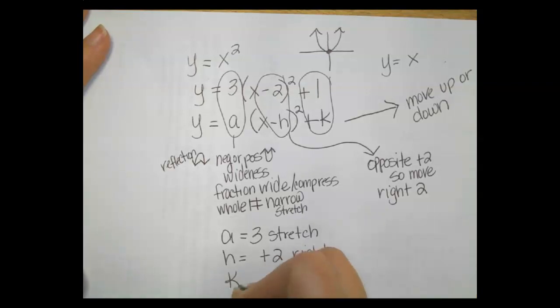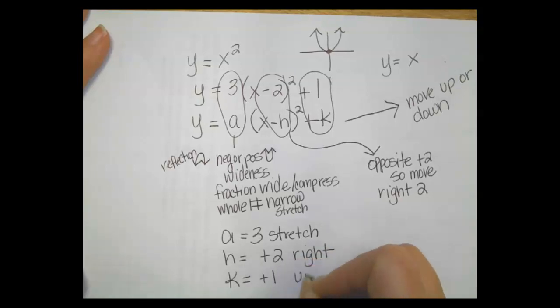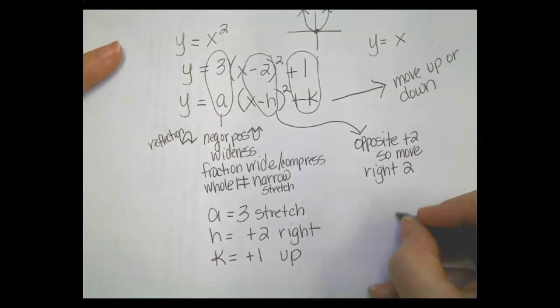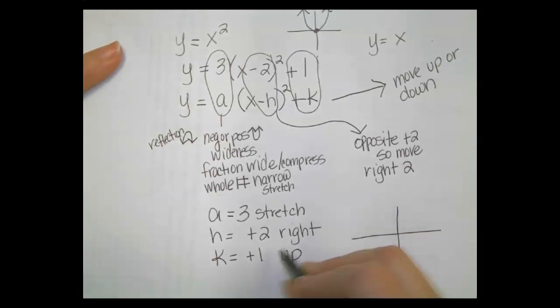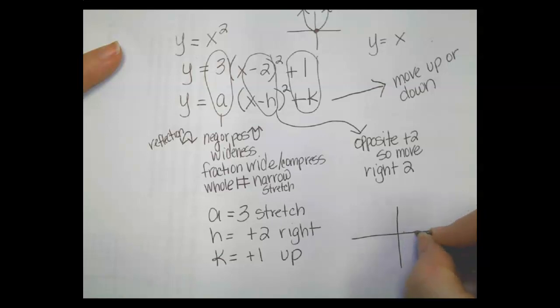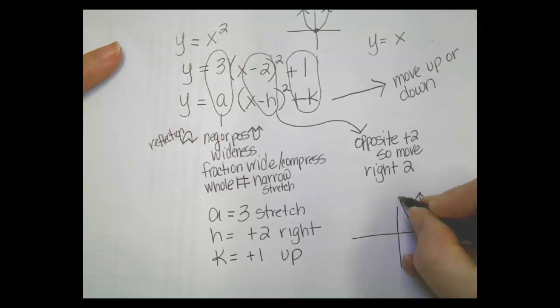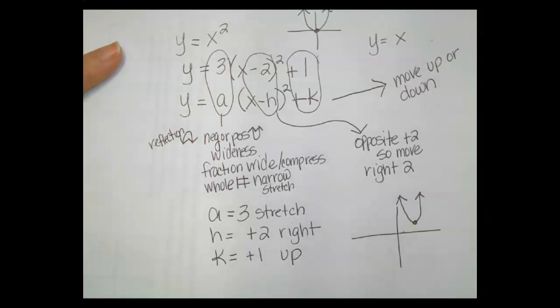My k is equal to positive 1, so that means up 1. So my new one is 2 to the right, 1, 2, and then up 1. That's my new vertex. And then it's going to stretch a little like that. That's all you're doing. Find your a, your h, and your k.